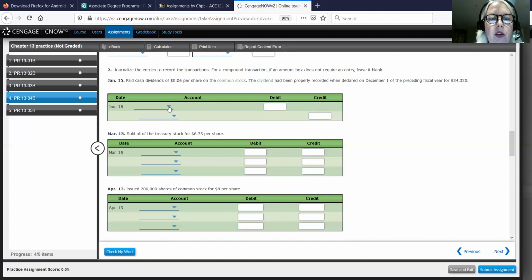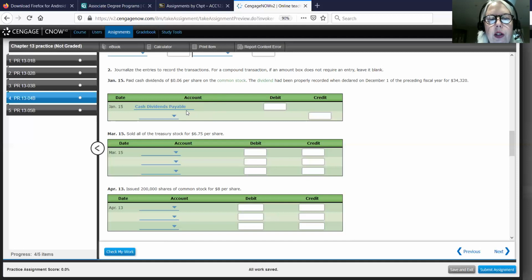So what we would be doing is reducing the liability account, cash dividends payable, because we're actually paying the cash dividends on January the 15th. This payable account, again, was recorded last year at the beginning of December. On December the 1st, we originally had it credited to cash dividends payable.